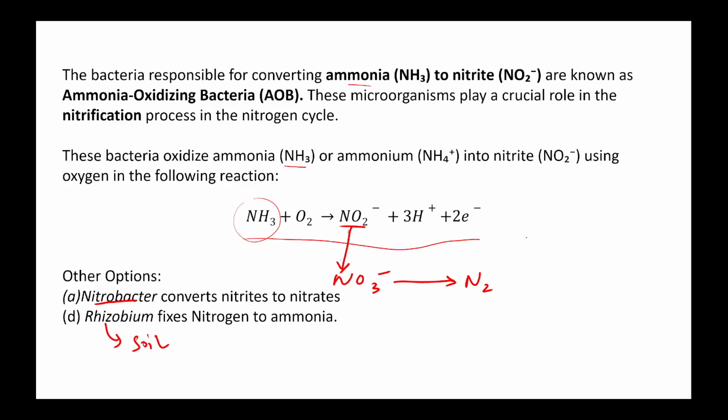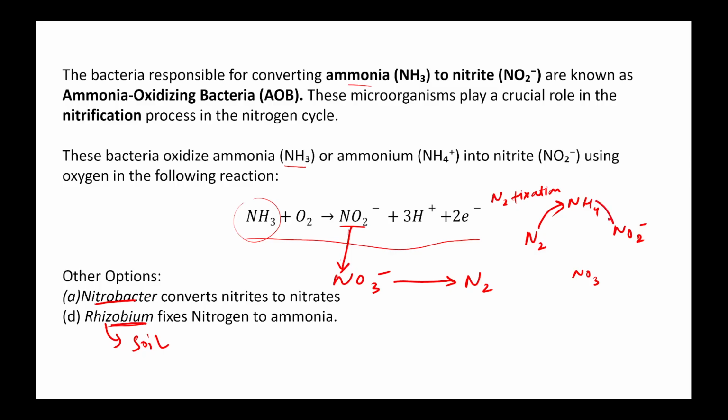If you see the nitrogen cycle, you have N2, NH4, NO2 minus, and NO3 minus. Nitrogen to ammonia is called nitrogen fixation, and this is carried out by Rhizobium, which fixes atmospheric nitrogen and makes ammonia.